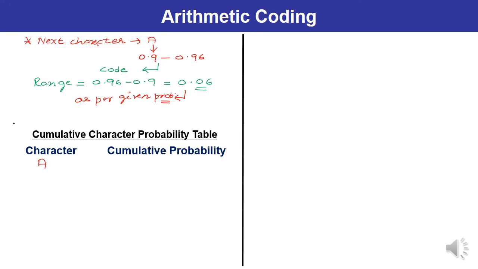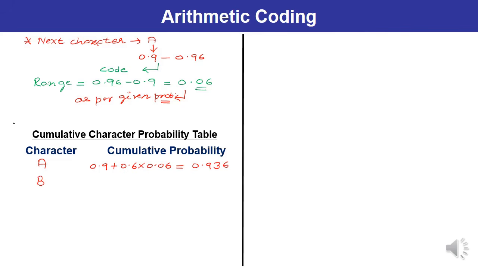A. Its range starts from 0.9. So what would be this term? 0.9 plus given probability, which is 0.6, into this range which you are getting, 0.06. Now simplify it. You will be getting this particular value as 0.936.